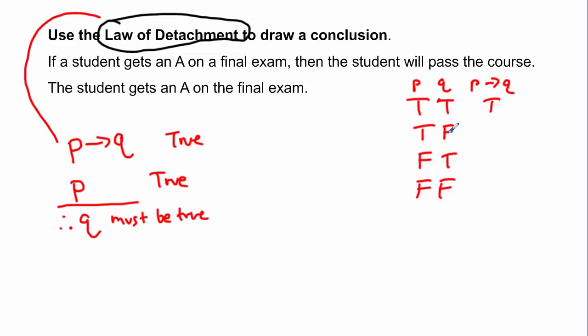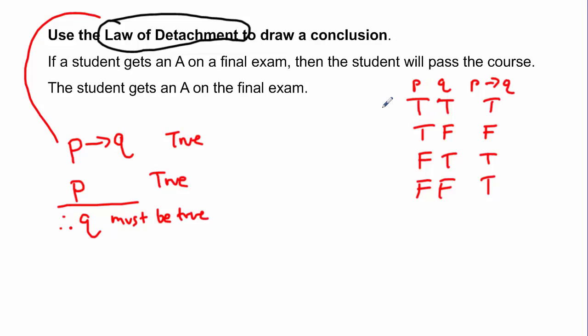When the conclusion is false and the hypothesis is true, the conditional statement is false. If my hypothesis is false and my conclusion is true, that will be true. And if my hypothesis is false and my conclusion is false, then the overall conditional statement is true.